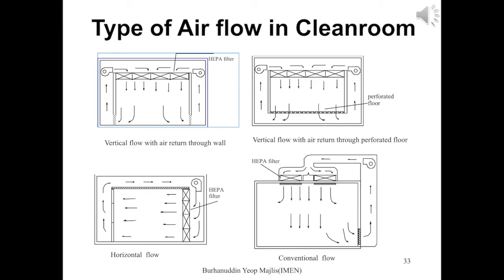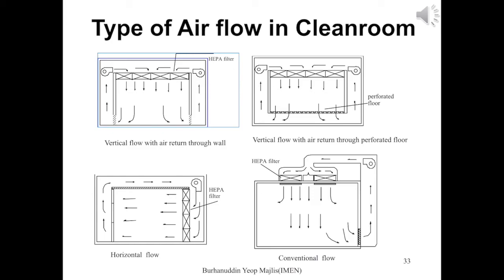The second one on the right is the actual clean room with perforated floor. The airflow from the HEPA filter goes vertically, and then the laminar airflow will go through the perforated floor. Then at the bottom left, there is a horizontal flow. The airflow goes through the HEPA filter from the side and flows horizontally to the other side of the wall.